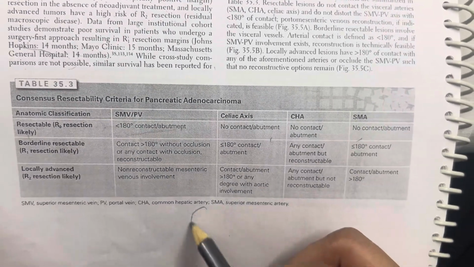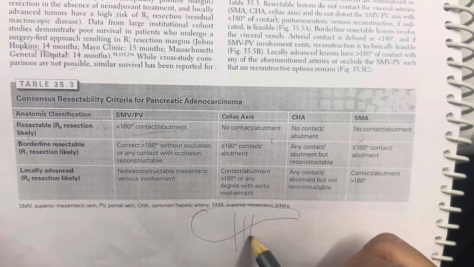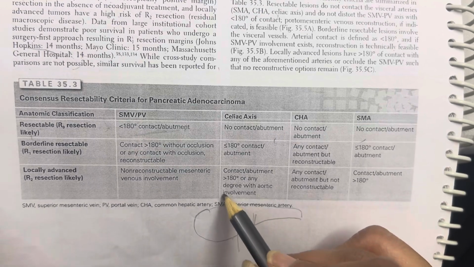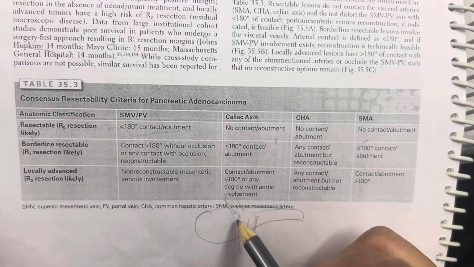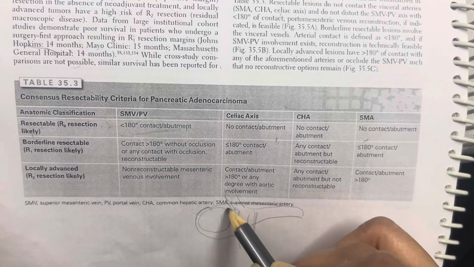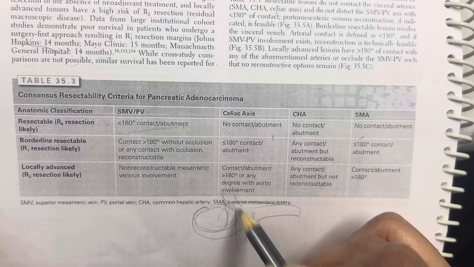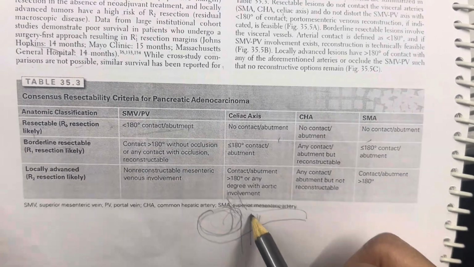So this is the pancreas. First there is the SMV, and there is the SMA, and the SMV portal confluence. Suppose the tumor is here and it is involving less than 180 degree of the SMV portal vein confluence, then it is likely resectable.